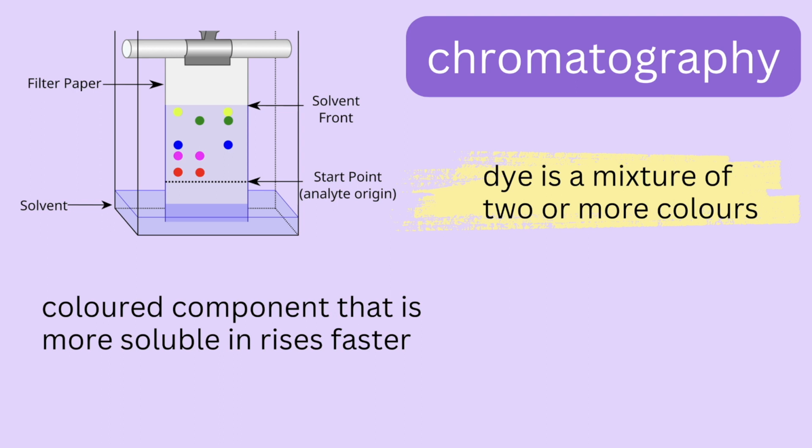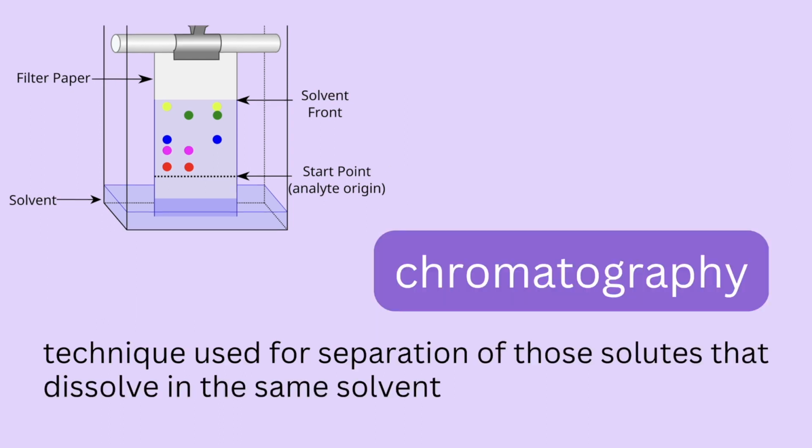This is the concept that is used in chromatography. Now this is what we call chromatography. We are separating different colors from it, right? That is what we call chromatography, and chroma means color in Latin.